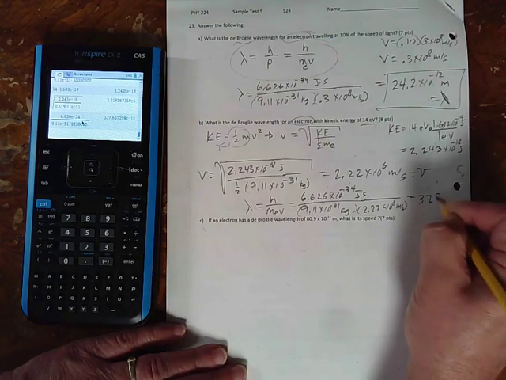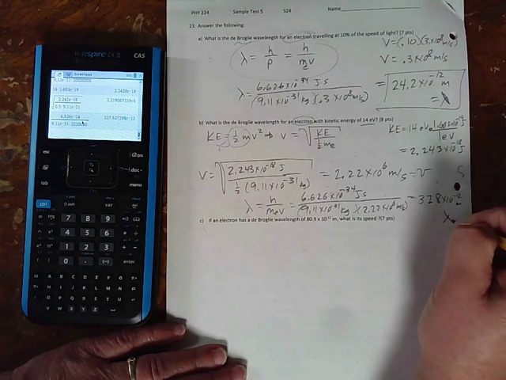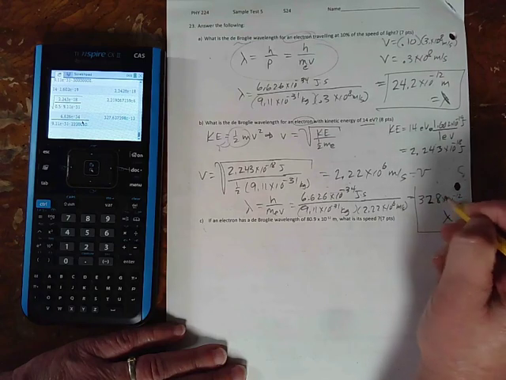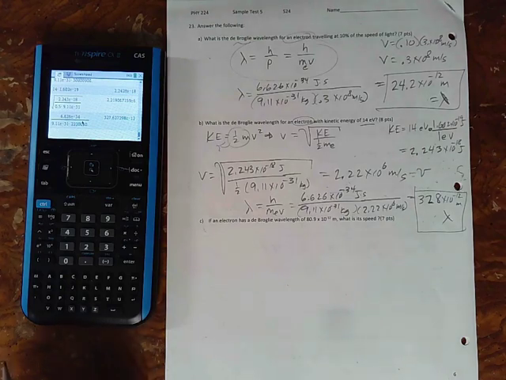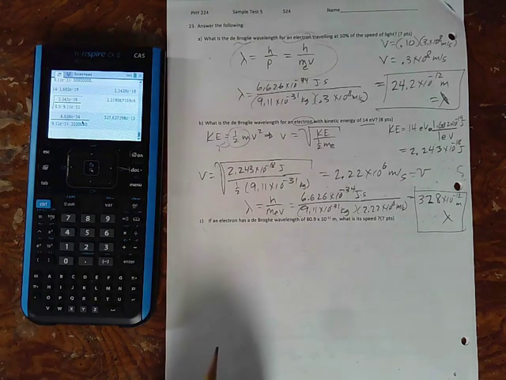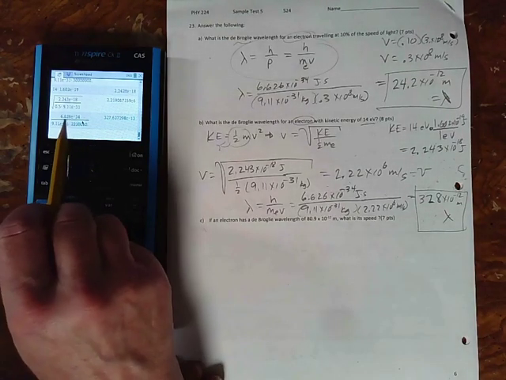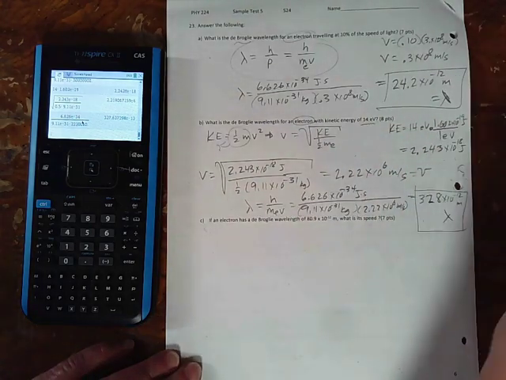That's 328 times 10 to the negative 12 meters for lambda. Alright, I'll have to go with it because I forgot to calculate that part last time. Just double check my calculator. Looks good. Okay, double check me on that, just to make sure.